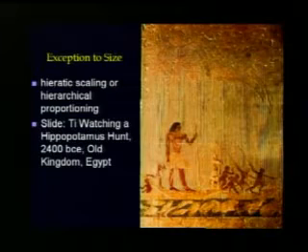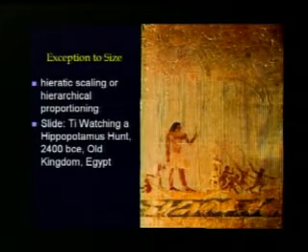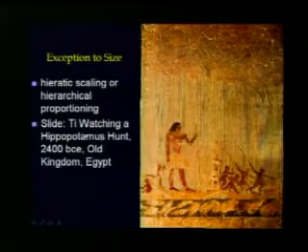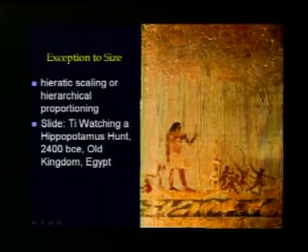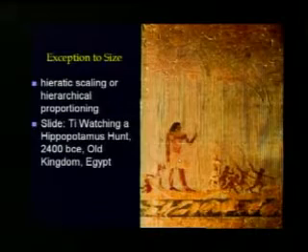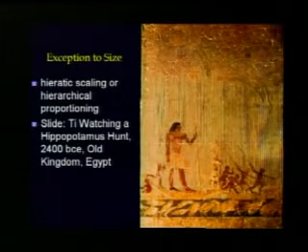Other ways of treating space, or size rather, have been used. For example, here in this Egyptian work, this man right here is the man that's mentioned in the title. His name is T. He was an administrator of the court of the pharaohs in the Old Kingdom period of time.